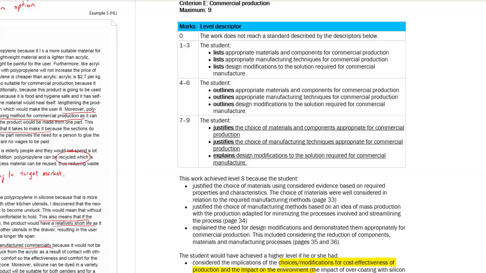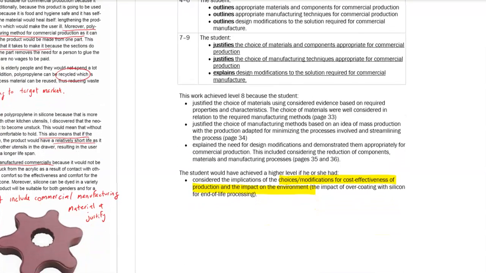They justified the choice of manufacturing based on the idea of mass production. They explain the need for design modifications and demonstrate them appropriately for commercial production. For the student to have achieved a 9 here, they could have considered the implications of the choices of the modifications for cost effectiveness of the production and also the impact on the environment.